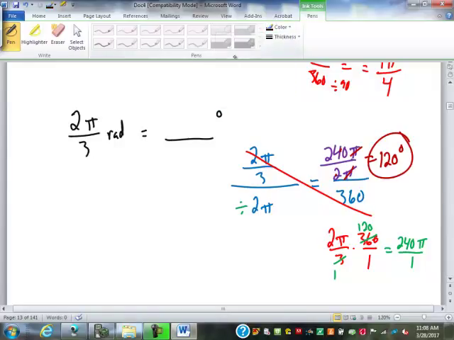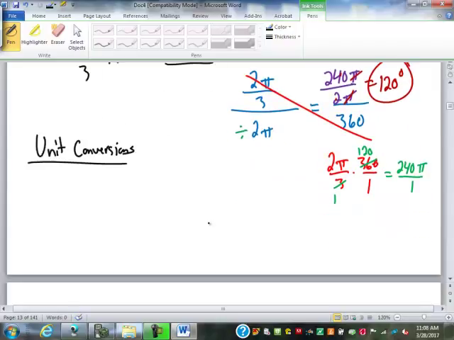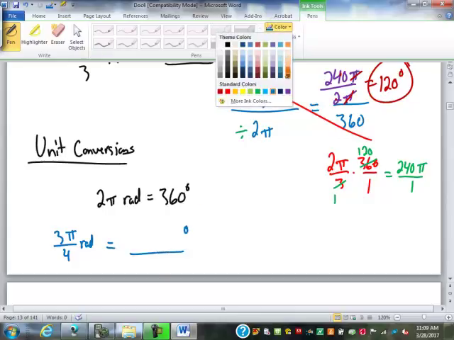Another way we could do it is we could use unit conversions. We know that 2 pi radians equals 360 degrees, correct? That's a full circle. So if I give you 3 pi over 4 radians, or 3/4 pi radians, and I want to change it into degrees, here's what I would do.